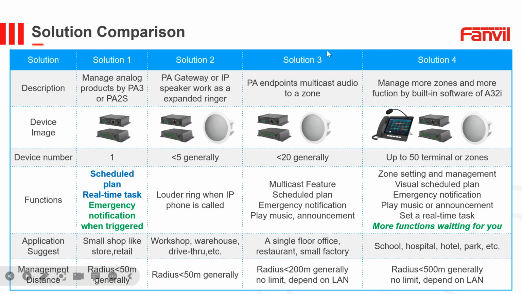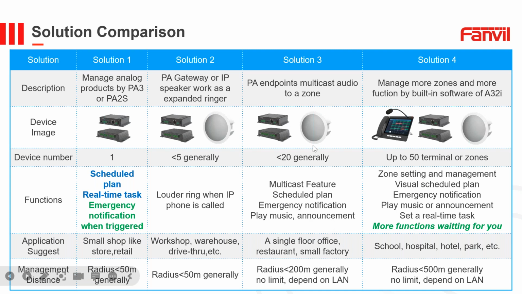And if your customer needs to manage a zone, solution 3 will be very useful. You don't need to buy a public address server, and you can use our multicast function to set a schedule plan, make an emergency notification, and play music and announcements.